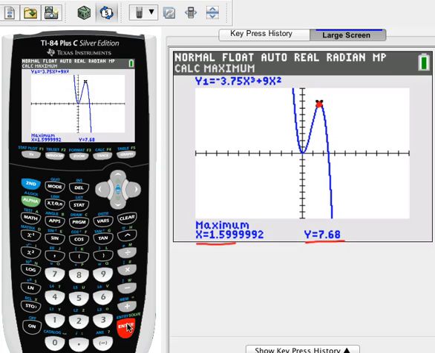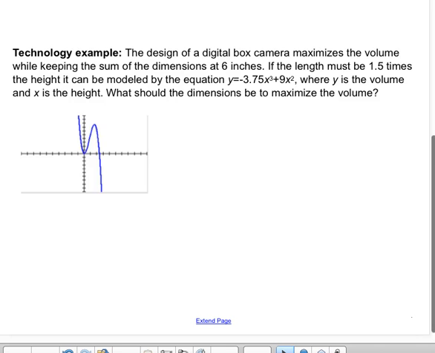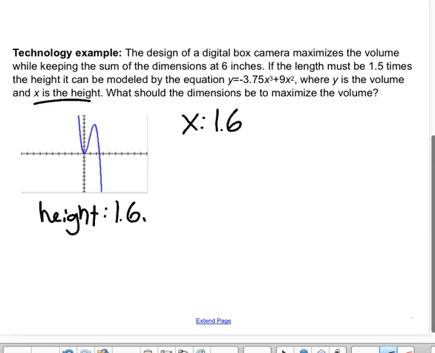All right, so the maximum occurred when x is 1.6. Now x is representing the height. So the dimensions, well, the height is going to be 1.6 inches. It says here the length must be 1.5 times the height.